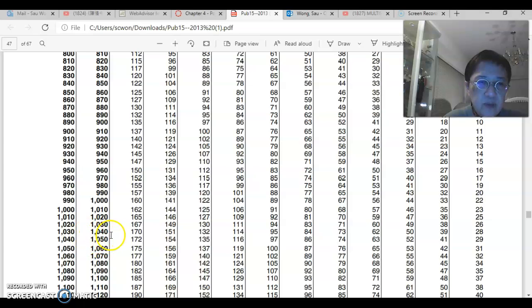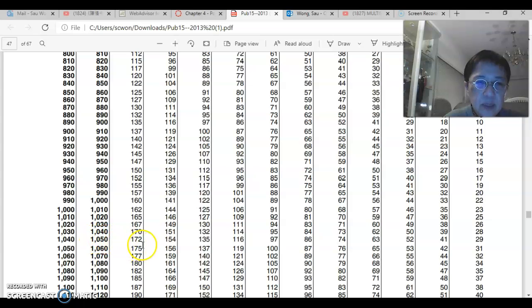The line above is less than 1,040, so don't look at that line. That line is not accurate; it's not the line we're looking for. We should be looking at between 1,040 and lower than 1,050.